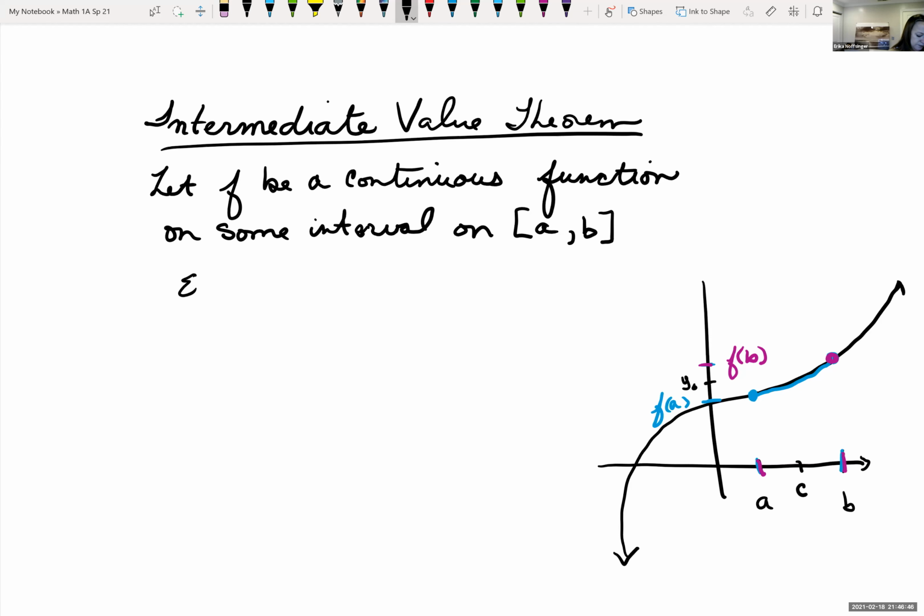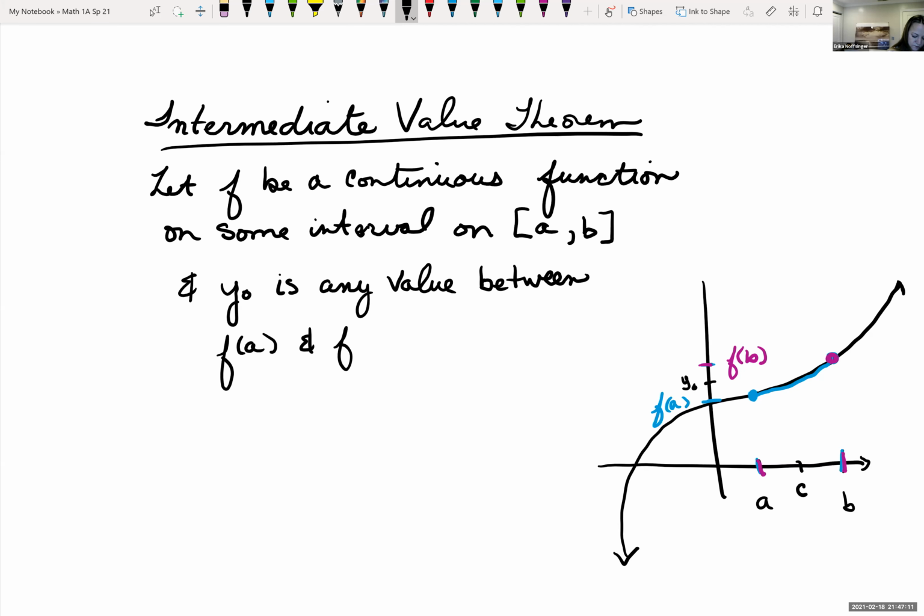And if y sub 0 is any value between f of a and f of b, then y sub 0 is equal to some value f of c, where c is in the interval a, b.